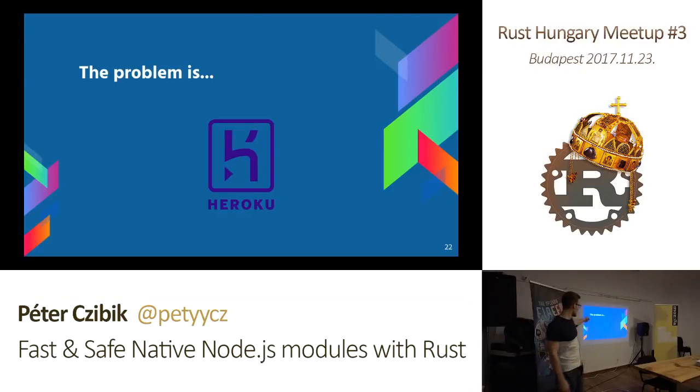And as many cool startups back in the day, we went with Heroku because we wanted to spare some of the costs of maintaining infrastructure, and cut a few dollars.